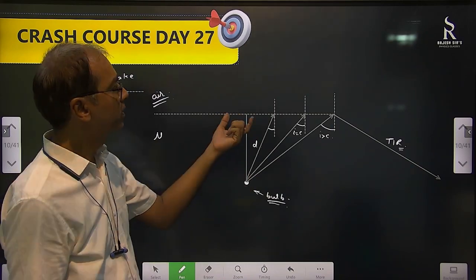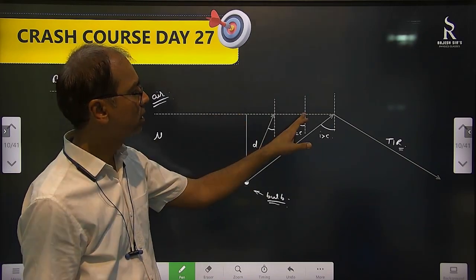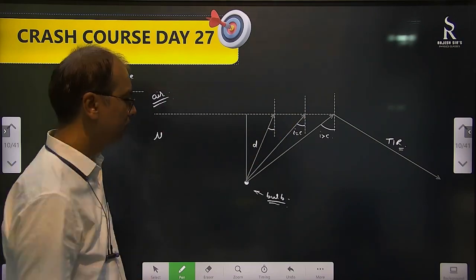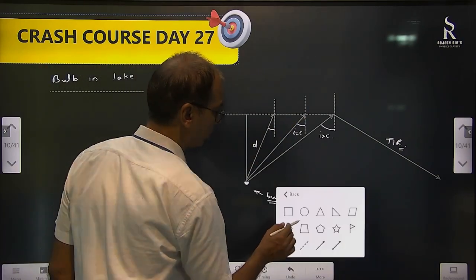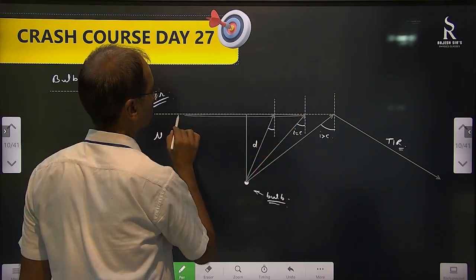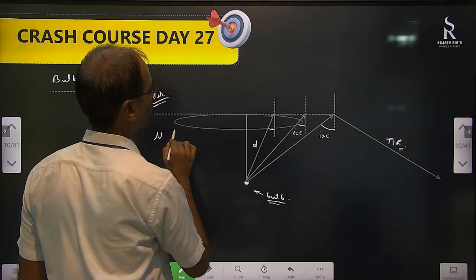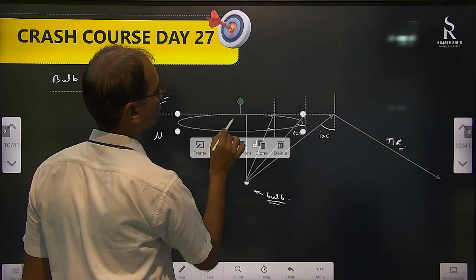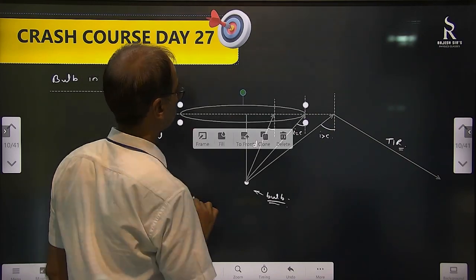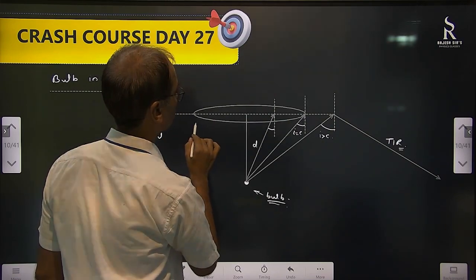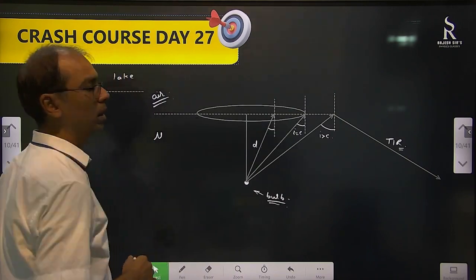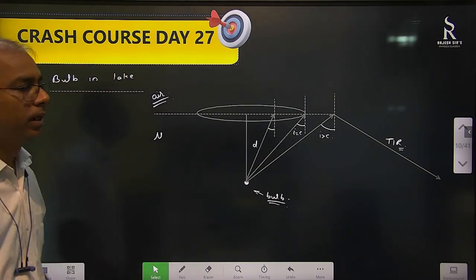So which light is going to move out, which is making less than critical angle over here. Make it how it will be going out. This one will be going out. Something like this. In this area, whatever light is there will go out.